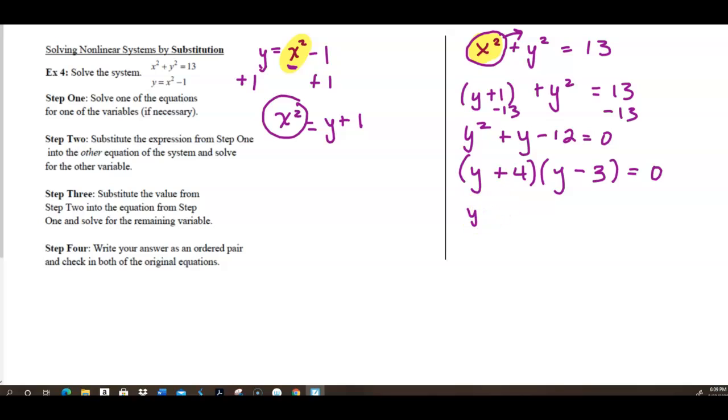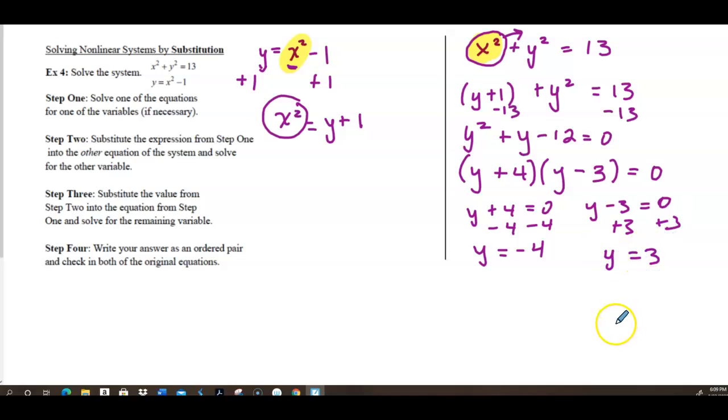So now y plus 4 is equal to 0, and y subtract 3 is equal to 0. Zero product property, and y is equal to negative 4. Here you're going to add the 3, and y is equal to 3. So now what I'm going to do is come over here and substitute in my solution.